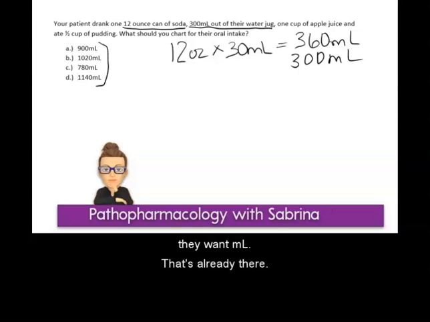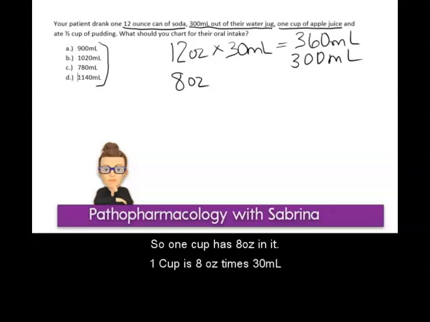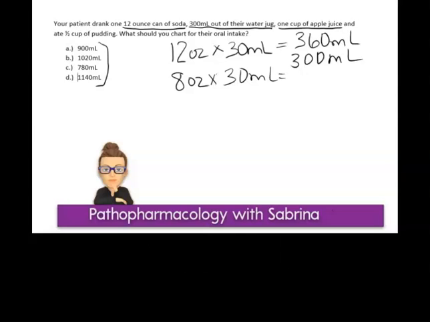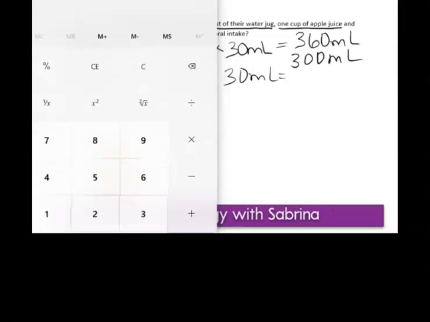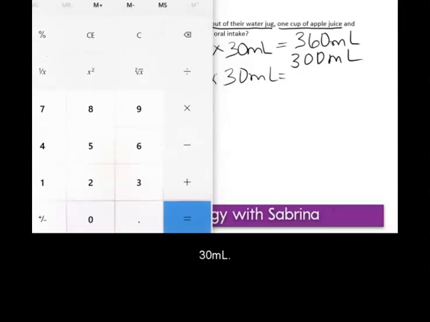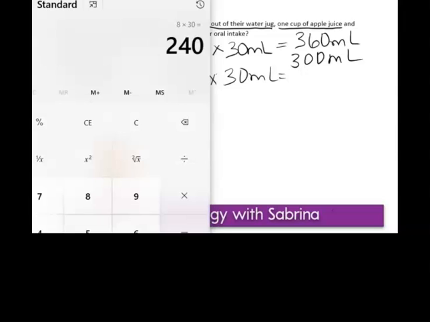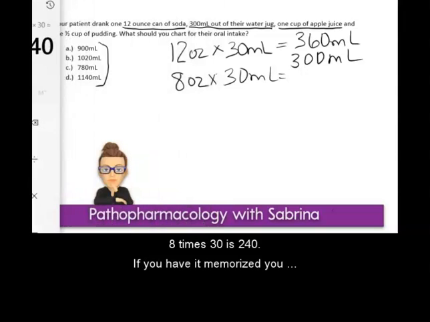So that's already there. The next one is 1 cup of apple juice. So 1 cup has 8 ounces in it. 1 cup is 8 ounces times 30 milliliters equals, 8 ounces times 30 milliliters. 8 times 30 is 240.